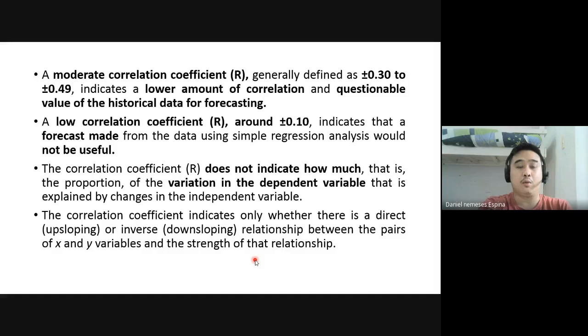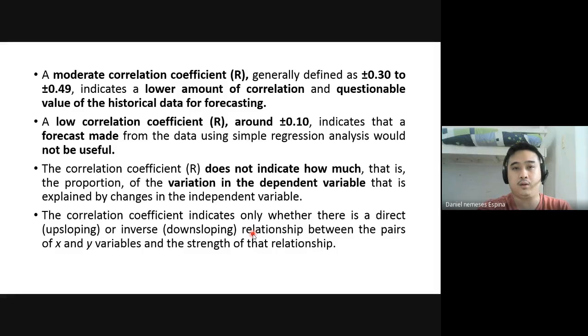If it is close to 1, then most of the time the result is correct. So let's say 0.87. It means 87% of the time, when price increases, 87% of the time our quantity demand decreases. But there is the other 13%, where we do not know why, even though we raised the price, the quantity demand still increased. Okay?